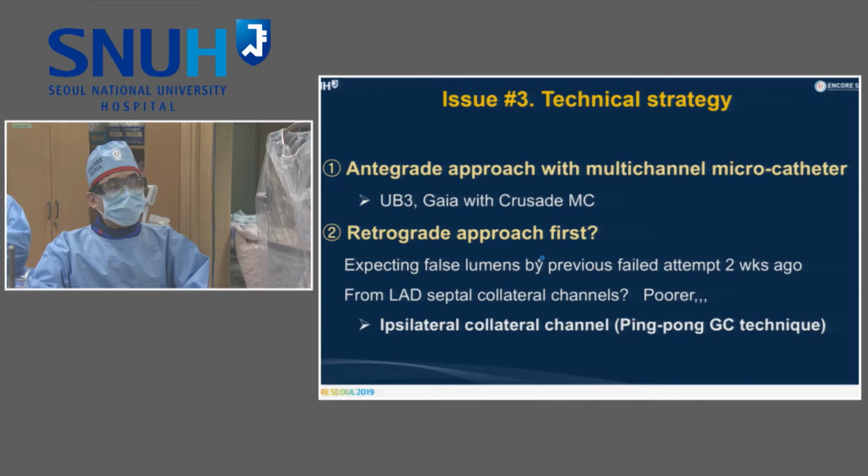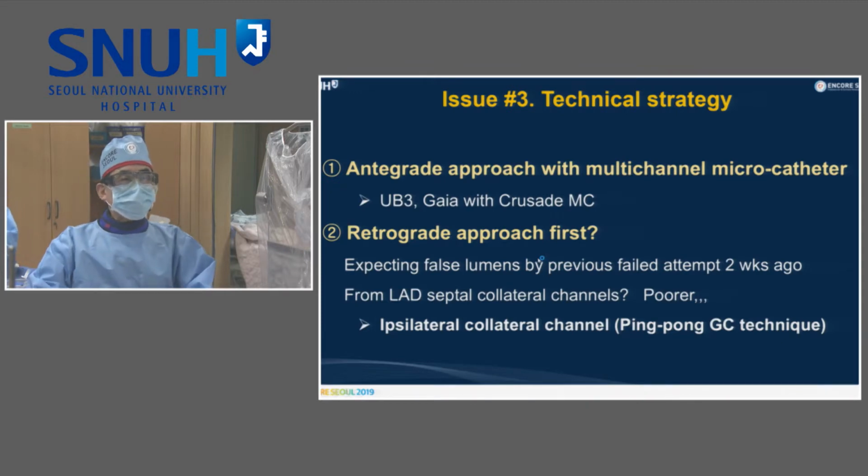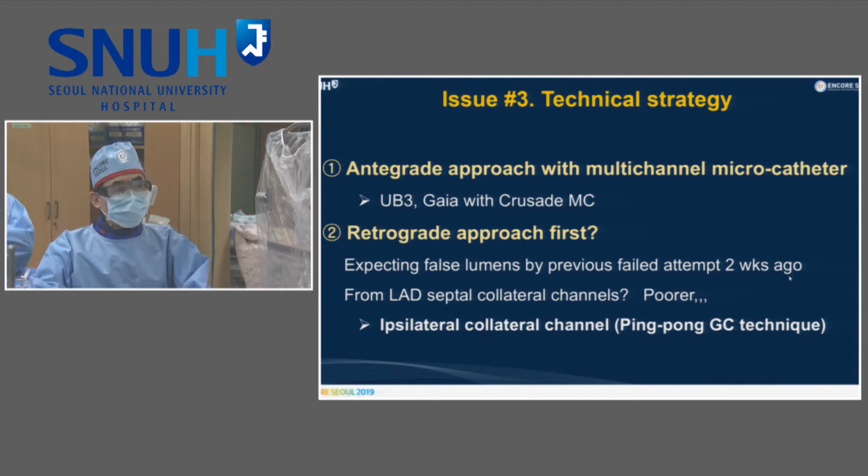How about the best technical strategy for this patient? Antegrade approach once again with a multi-channel microcatheter using the UB3 and Gaia series, or retrograde approach first, expecting false lumens from the previous failed attempt 2 weeks ago. Which collaterals?